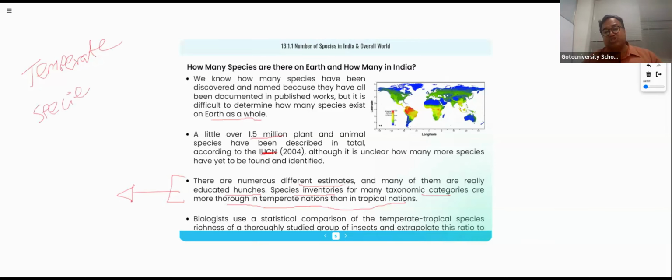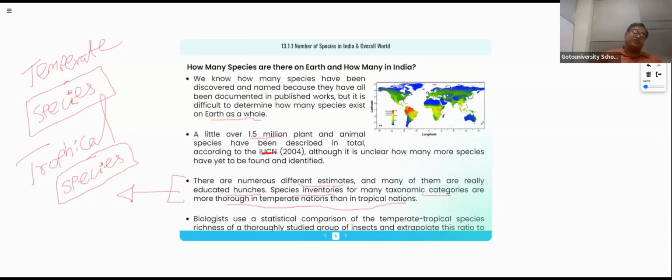Because there is extraordinary climatic change, a massive impact of climate change in the temperate region, whereas in the tropical area we observe less change. Because of that, species can develop a very good number of adaptations. So in the temperate region only a few species can sustain, whereas in the tropical region many species can sustain.